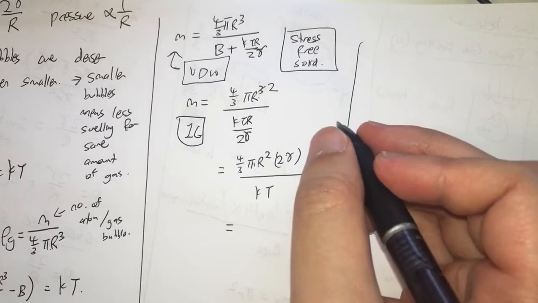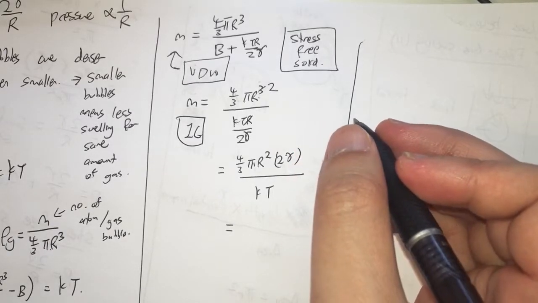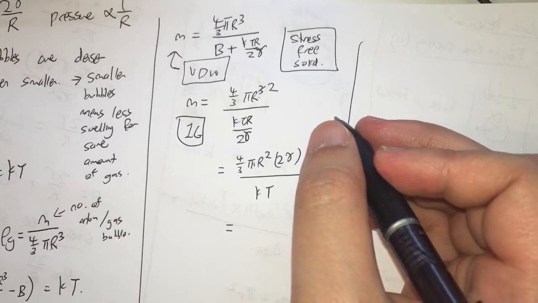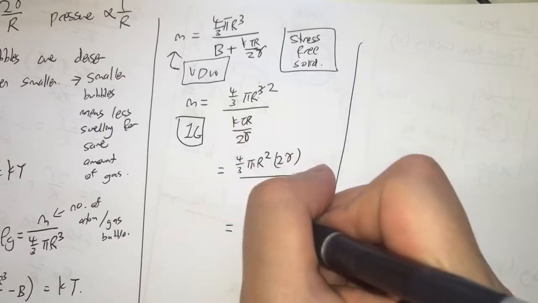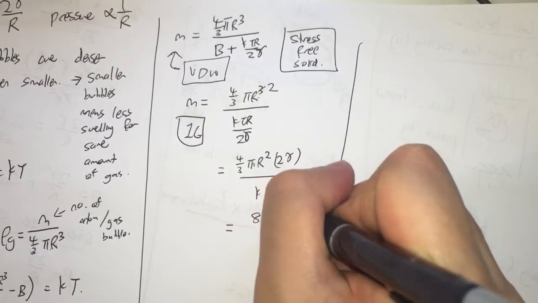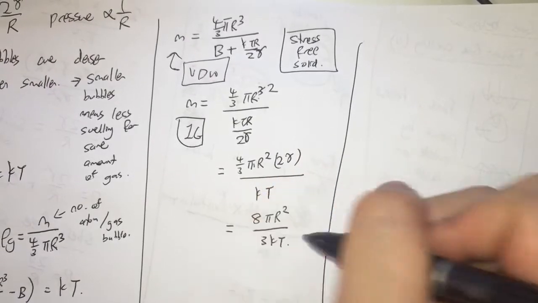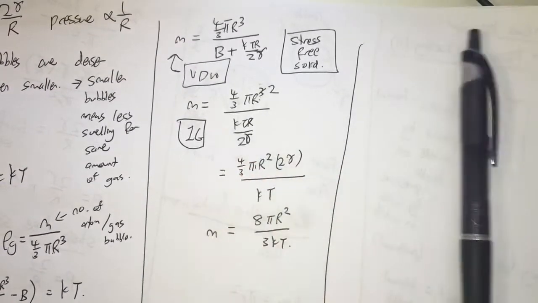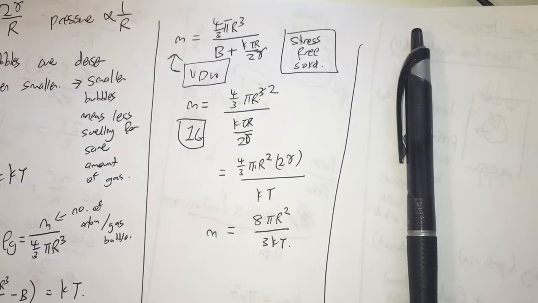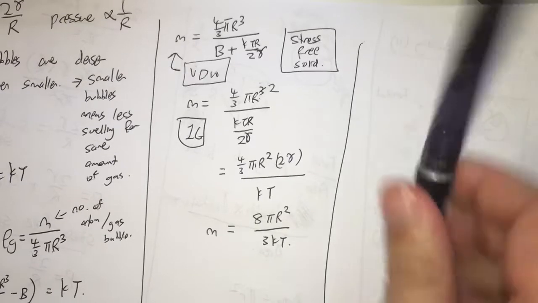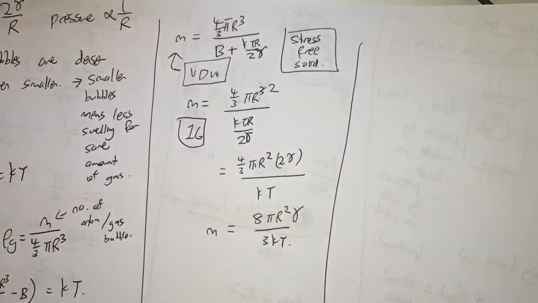Okay, so we will have something like 8 pi R squared over 3 kT. And there's a gamma here as well. So it's 8 pi R squared gamma over 3 kT.